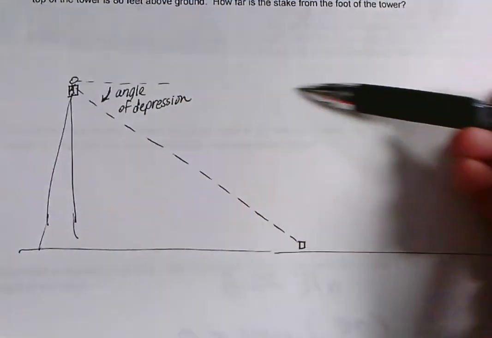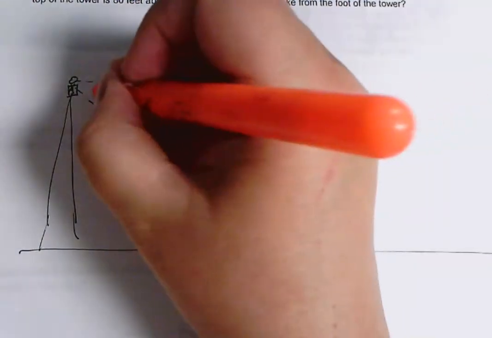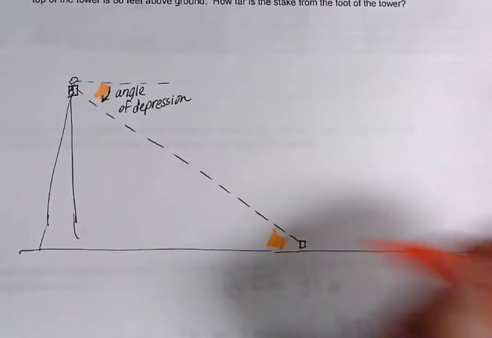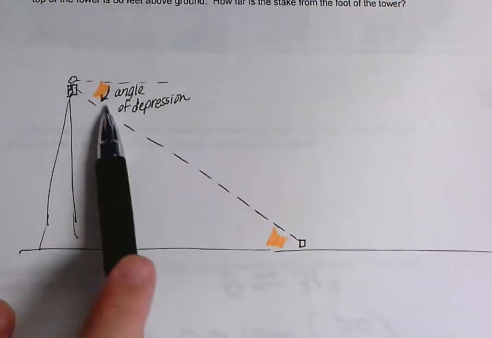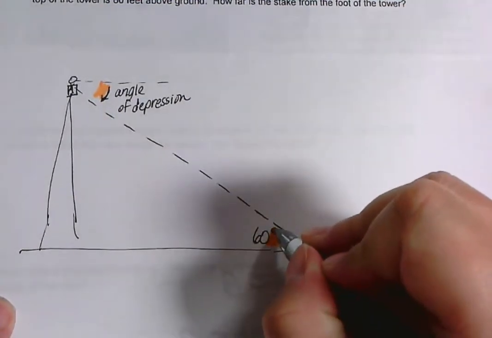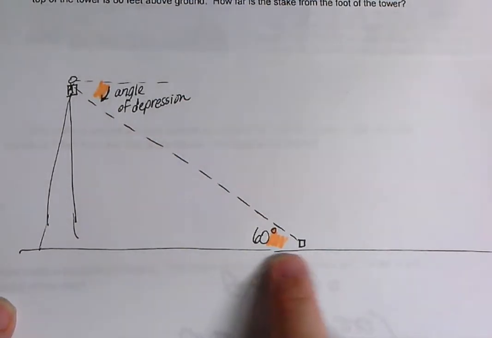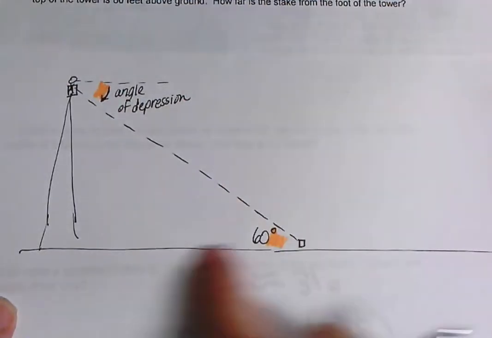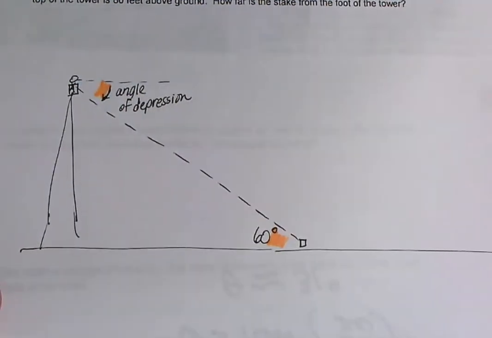If this is horizontal and the ground is horizontal, then these two angles right here are alternate interior angles. So if I know that this is 60 degrees, I can put it inside the triangle right down here. The angle of depression and the angle of elevation, because this is like the angle of elevation. This is like the person looking up versus the horizontal, and this is the person looking down versus the horizontal. They're the same because they're alternate interior angles. So you can use that to know where to put it in the triangle.